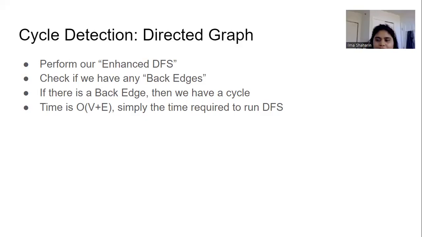Let's say, as I mentioned before, the department has a graph of the courses you should take in order. You have to take discrete math before you take discrete structures. You have to take discrete structures before you take analysis of algorithms. You have to take data structures before you take analysis of algorithms. So it's a graph, right?